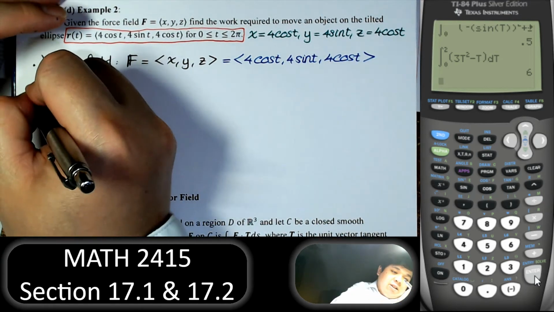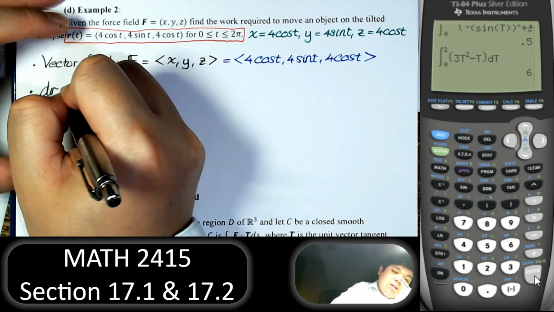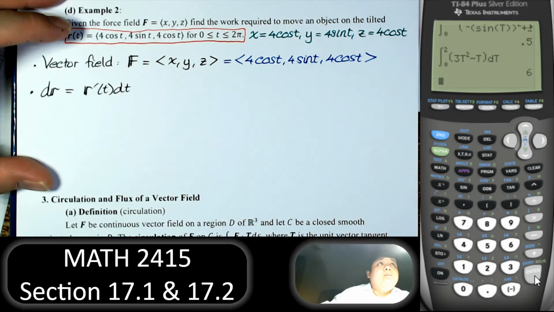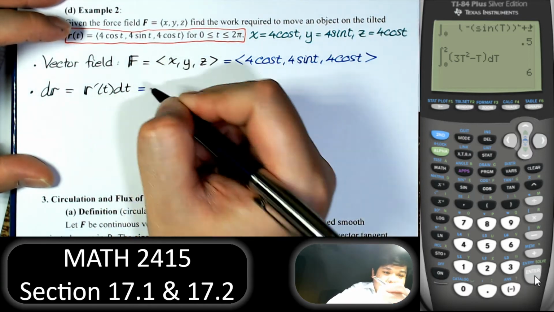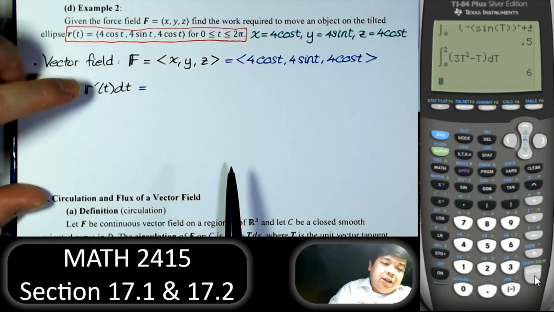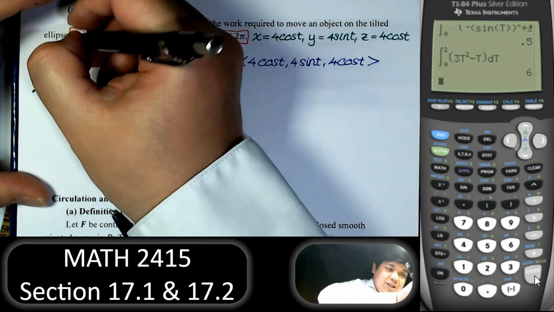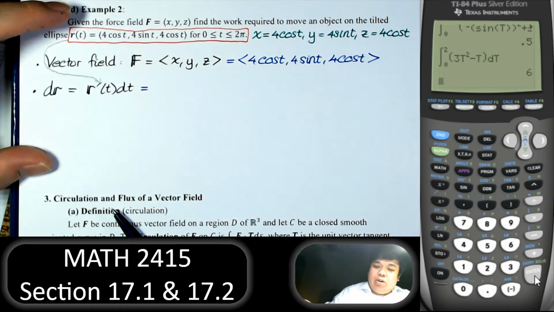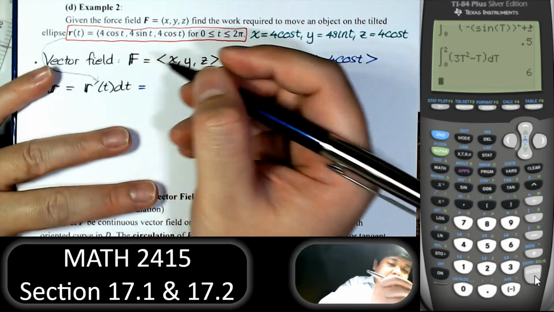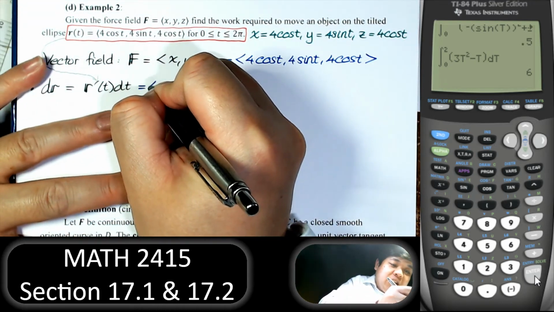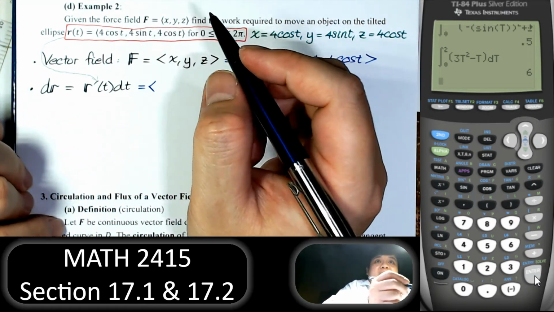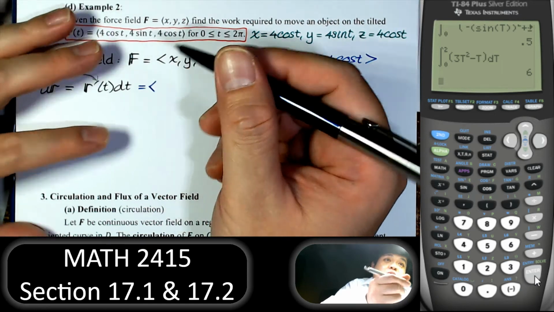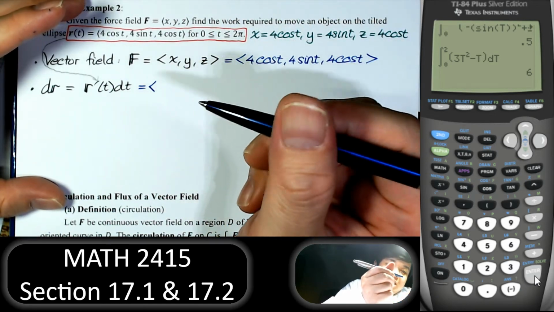The next step is dr, r prime dt. So we have that. We'll take the derivative. Most of the sections in this chapter are not as long as in the previous chapter, but this one is a little long because we have 2 sections.